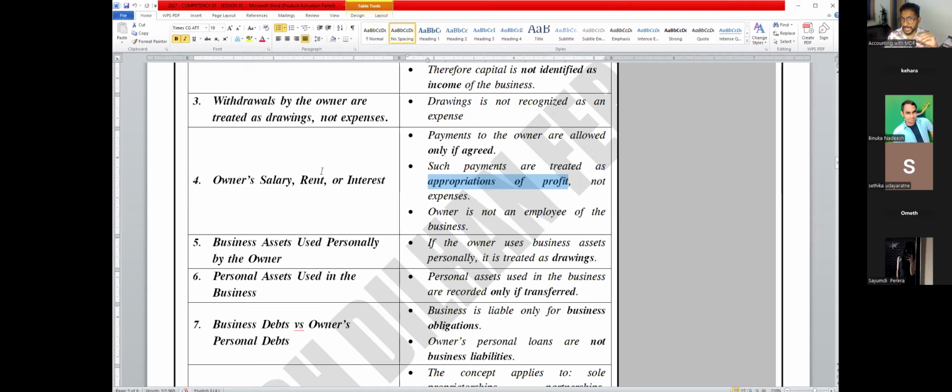In other words, he is using the salary to withdraw the profit out of the business. Although the term is salary, it is not an expense of the business. Am I clear with you? Okay. The owner is not an employee of the business. Understood? Right. I move to the next one.